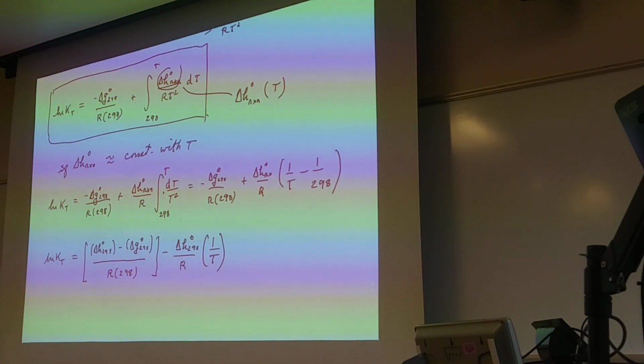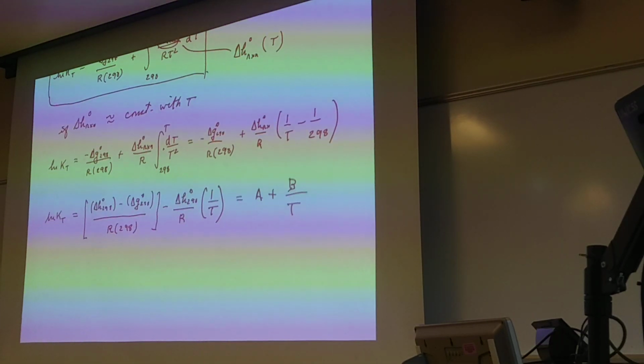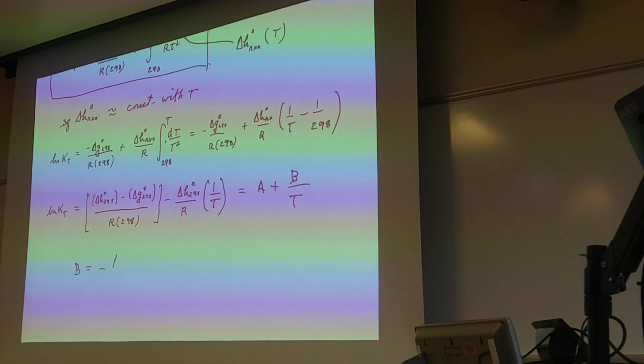And what we notice is that under these circumstances, the functional form for the log of the equilibrium constant as a function of temperature is very simple. It's just an a plus b over t type of representation, where slope b has a physical significance of being the heat of reaction over R.